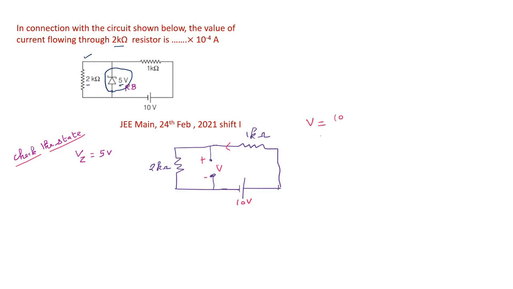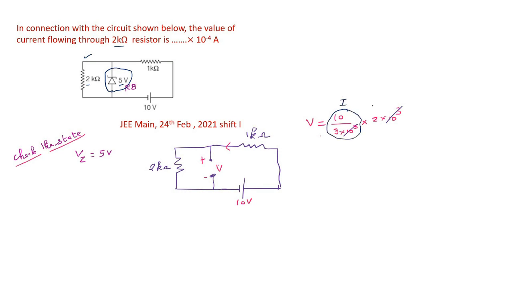The voltage here in the open circuit will be equal to I into RL, you call this RL. I means the current here. So I is E by R1 plus R2, that is 10 by 3 into 10 to the power 3, multiplied by this 2. This is just Ohm's law.